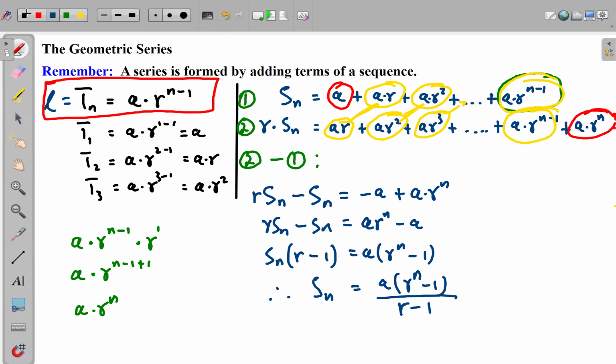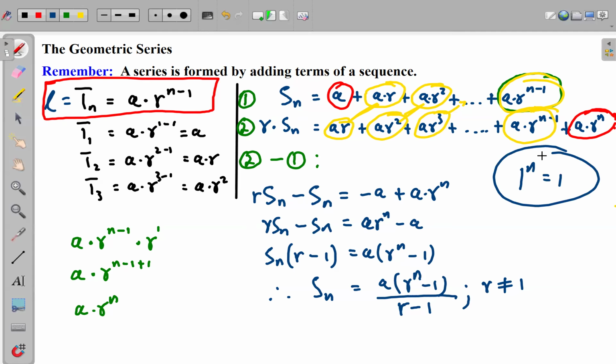Now, whenever there is division, you are dividing by a variable or something like that, I always say, think of your restrictions. And so I hope you note that in this instance, R cannot be 1, because then the denominator becomes 0, and division by 0 is undefined. Even the numerator will become 0 because 1 to any power, 1 to the power n will always be 1.